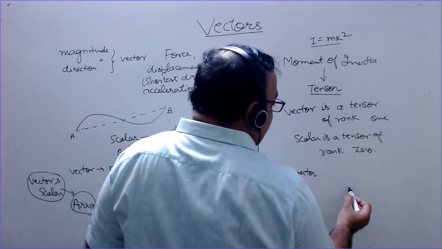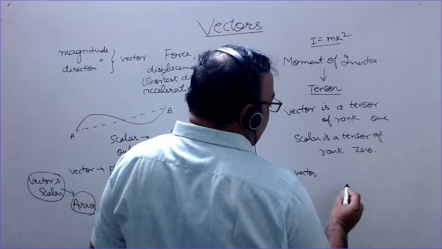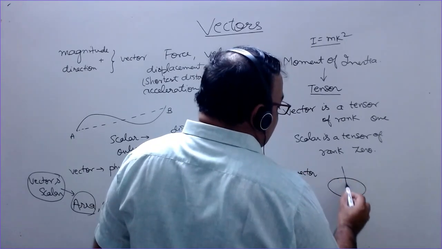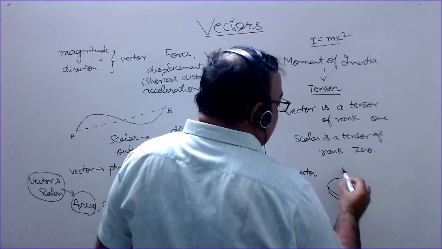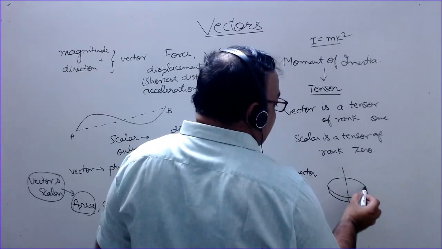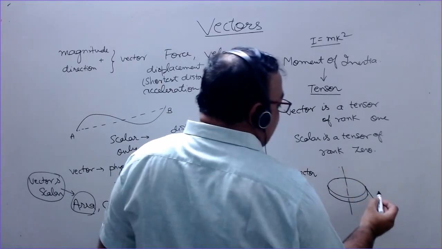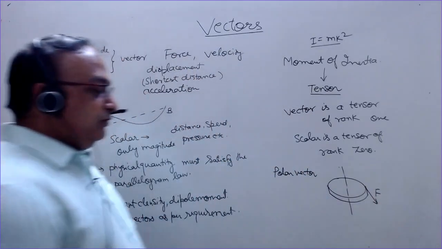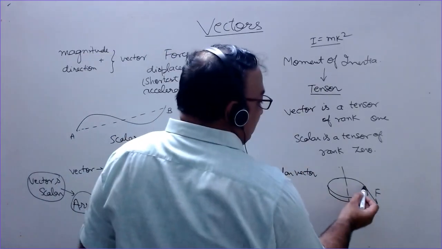This is a point, and we say that at this point I have applied a force, or I have applied a torque. Suppose this is a disk. It can rotate about this axis. What I do is wind a thread around it along the circumference and pull the thread by applying a force tangentially. So I have applied this force at this point.